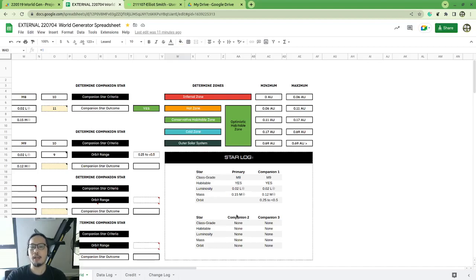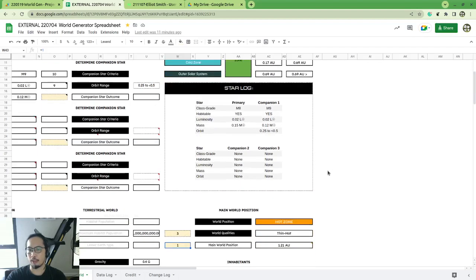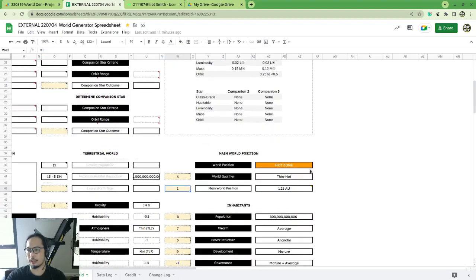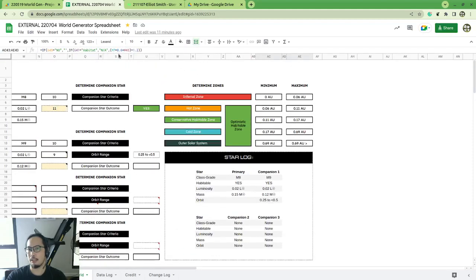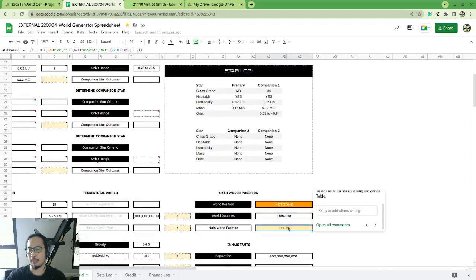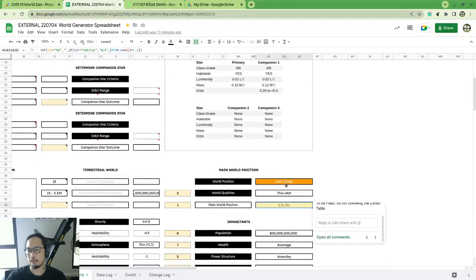So one of the things that's wrong is that this formula should be based on the zone. The zone determines the minimum value, so this value, this 1.2.